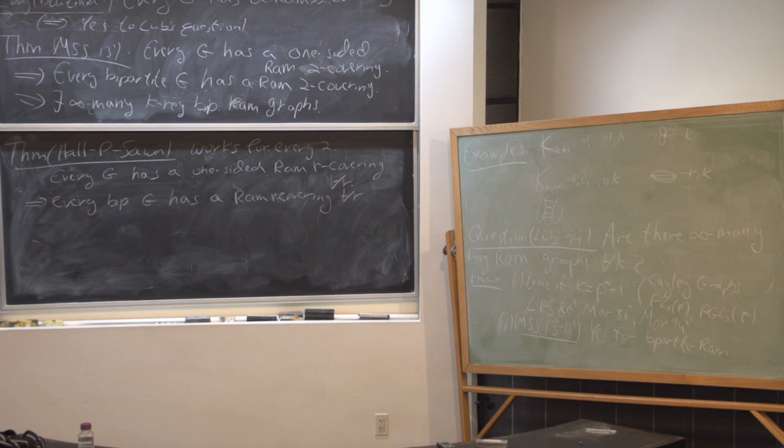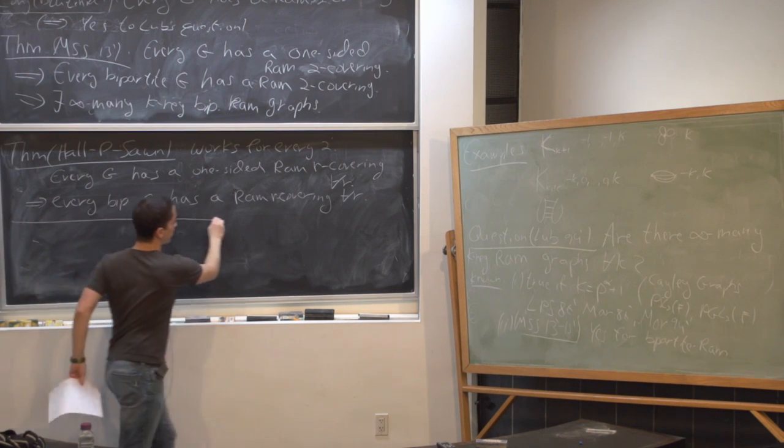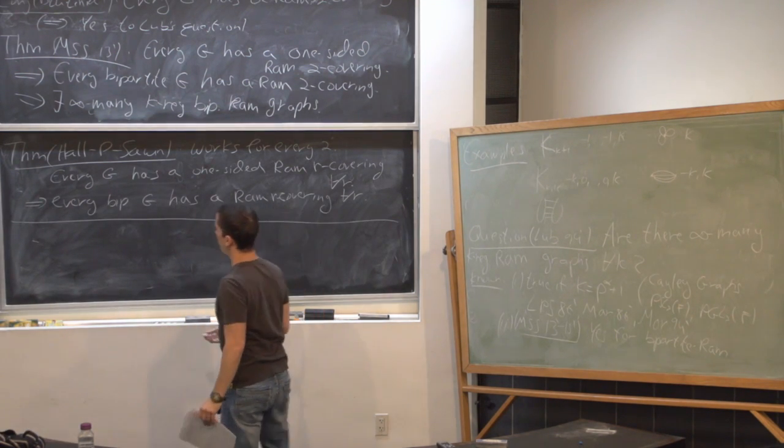And so I want to say a few words about why this result is interesting. So first of all, I think it gives a better understanding of the result of MSS. Because as I said, it looks suspicious that there is this 2. Why should there be something special about 2?